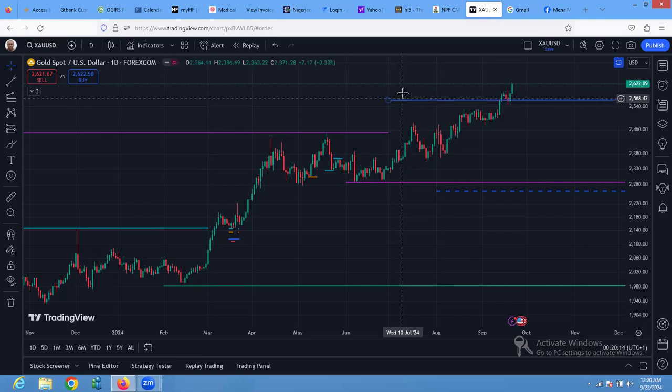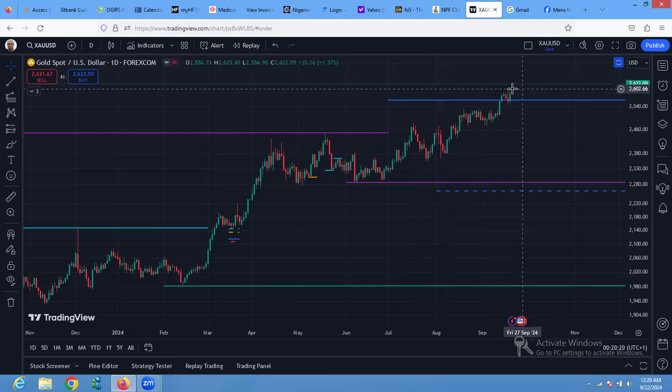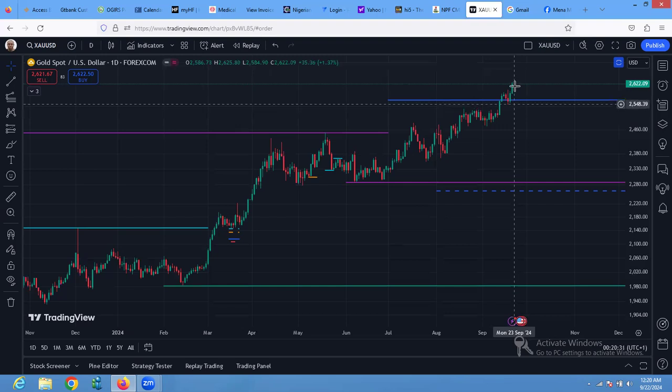Price broke above it, and we saw a reaction at exactly 2,600 around this area. With this reaction, we thought price may follow through and continue down, but it failed with the news and the Fed cut, and price went back up.